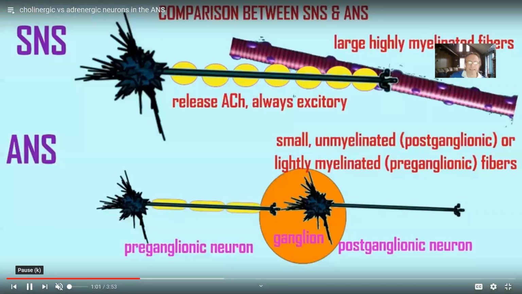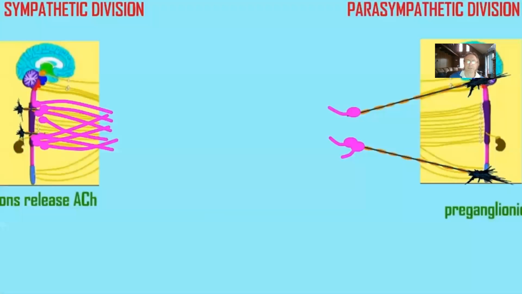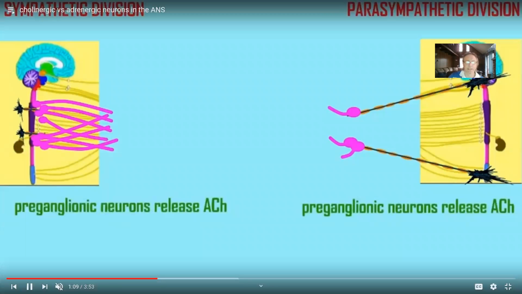As stated, all of the preganglionic neurons release acetylcholine. So in both the sympathetic division and the parasympathetic division, the preganglionic neurons release acetylcholine, so they are cholinergic.